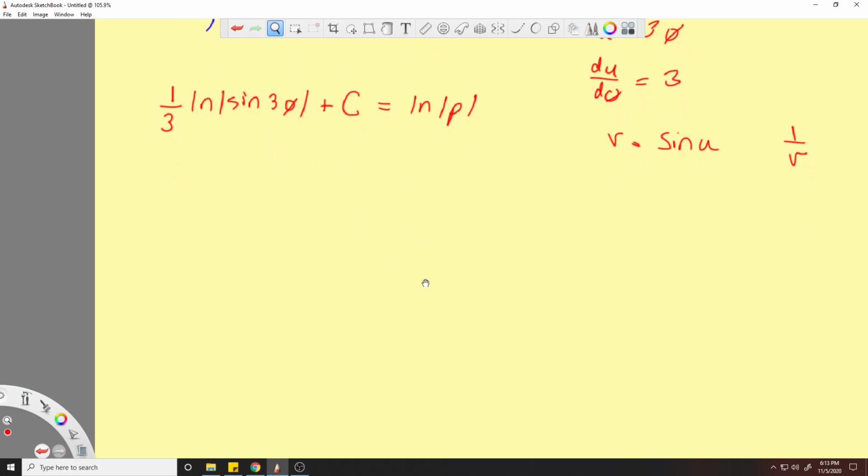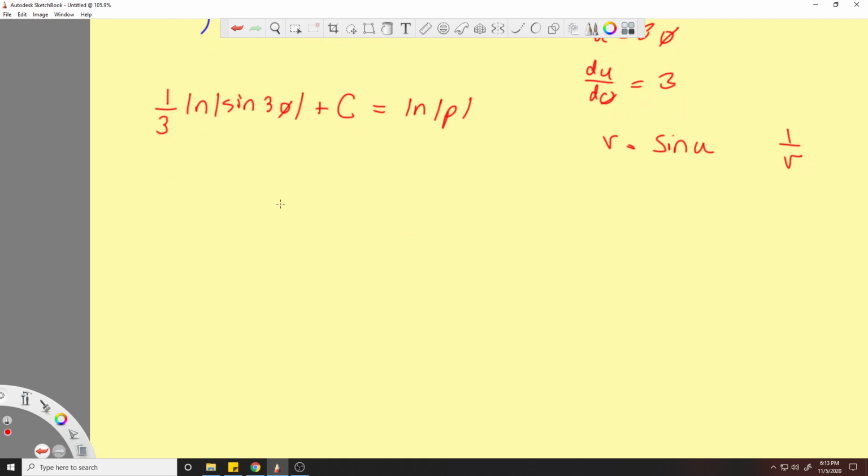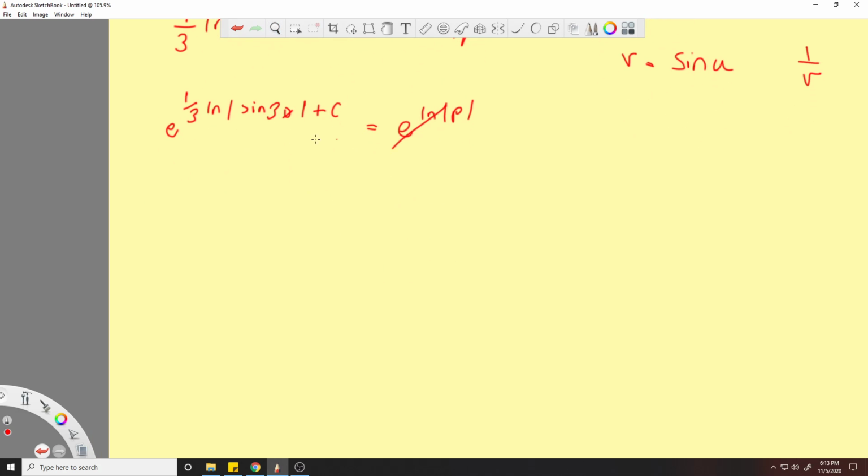Now we're going to take these all to the e, so this will be e to the 1/3 ln sine 3 phi plus c equals e to the ln of rho. Well, this side's easy. That's just going to leave us with rho.